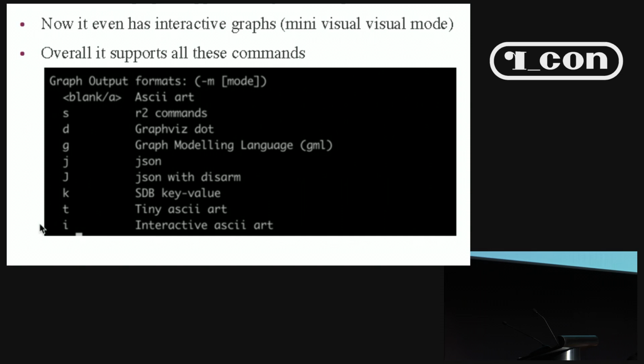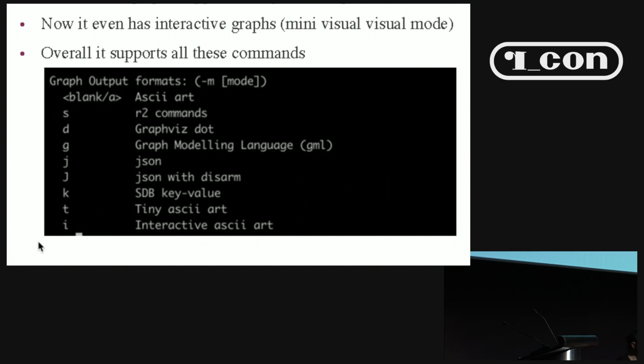It will also show you the STB key value pairs that were generated as part of the diff graph construction, similar to the agd commands, and it also has tiny ASCII art and interactive ASCII art.